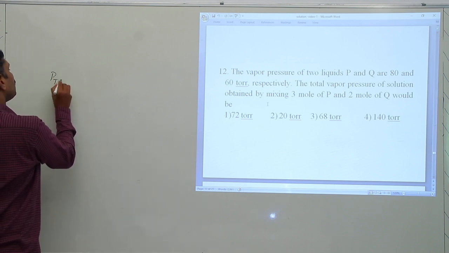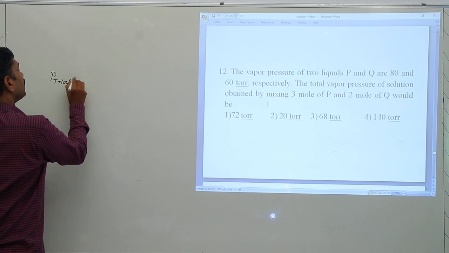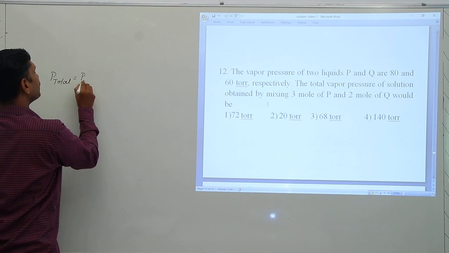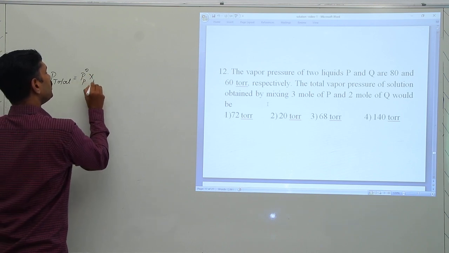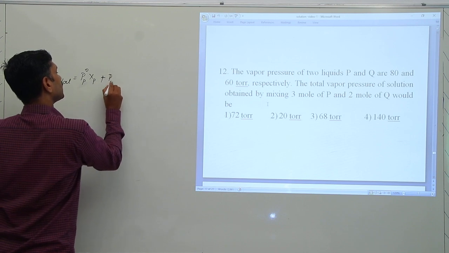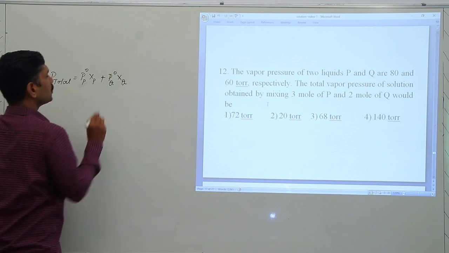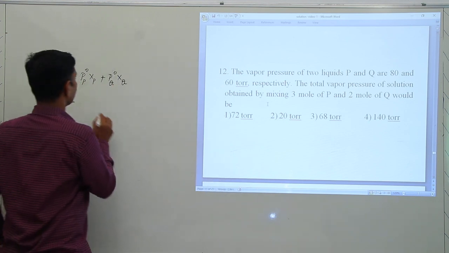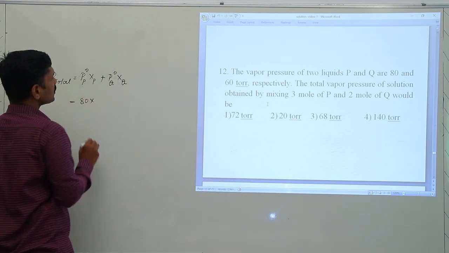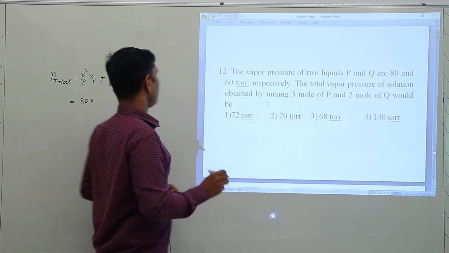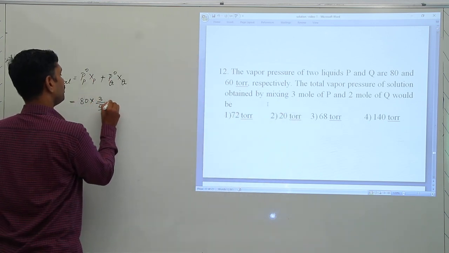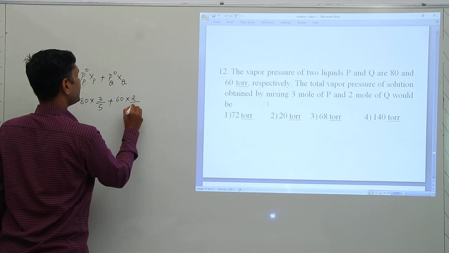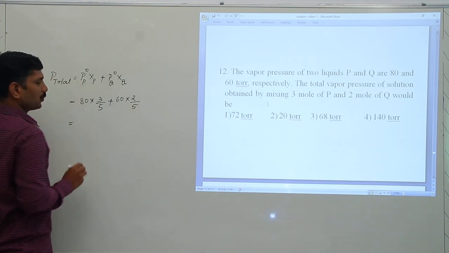You know, the total vapor pressure is equal to the partial pressure of P into the mole fraction of P plus the partial pressure of Q into the mole fraction of Q. So the partial pressure of P is given, 80, into its mole fraction, 3 divided by 5, plus 60 into 2 by 5. Then you have to simplify this.